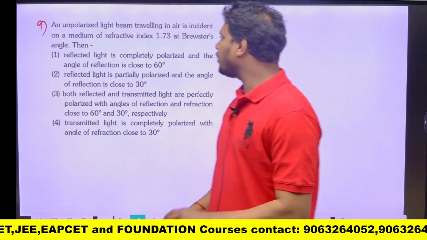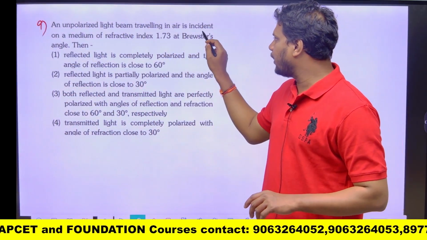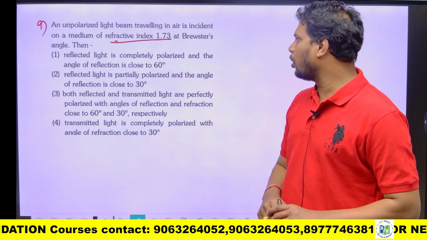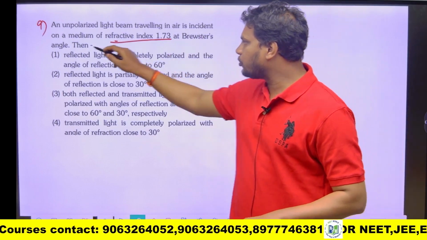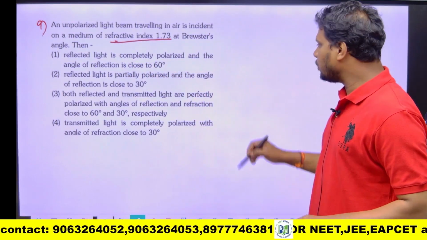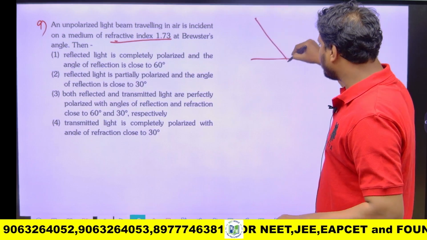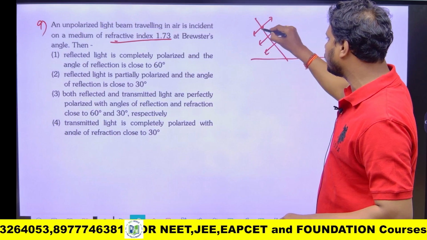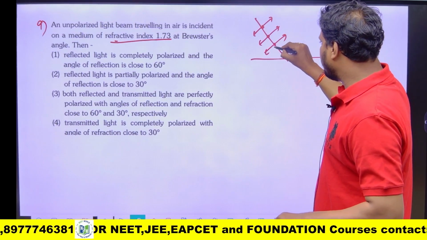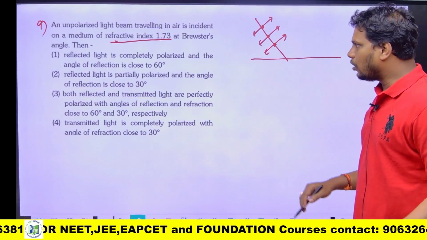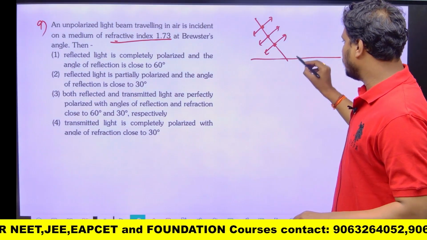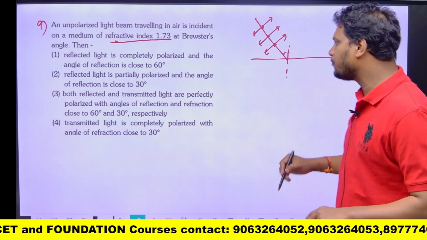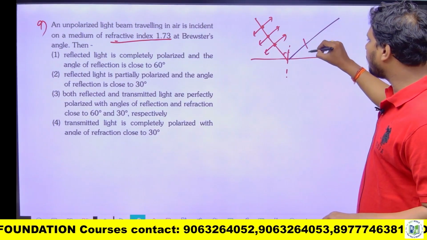An unpolarized light beam traveling in air is incident on a medium of refractive index 1.73 at Brewster's angle. Then remember, whenever an unpolarized light is going to be incident on a transparent medium, if it is incident at the polarizing angle or the Brewster's angle, the reflected light should be completely polarized.